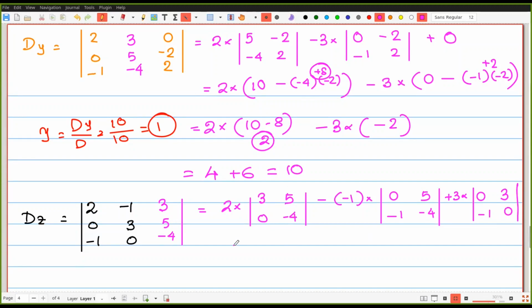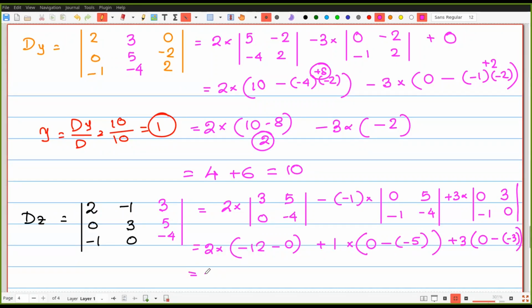Let's check what the value is. 2 into 3 into minus 4, that means minus 12, minus 0, minus of minus 1, that means plus 1 into 0, minus of minus 5, and plus 3 into 0 minus of minus 3.